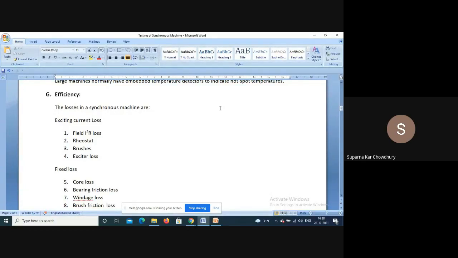Then in the field circuit, there is rheostat, so there will be I square R loss in the rheostat. Brush contact loss will be there, and the exciter loss. Exciter is the one which supplies the field DC supply, so there will be exciter loss.